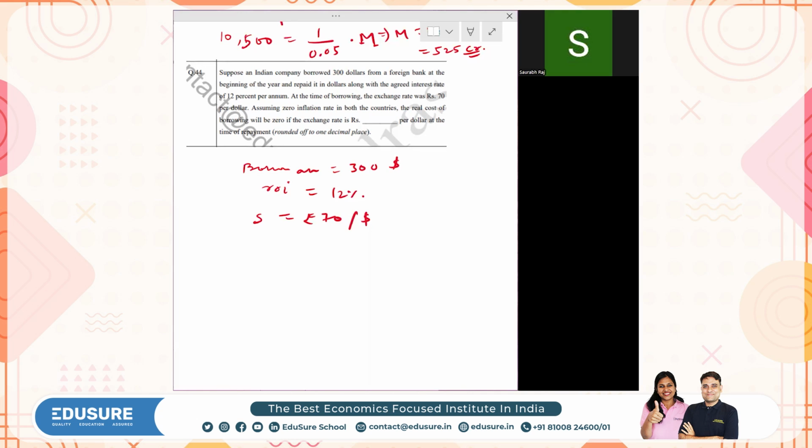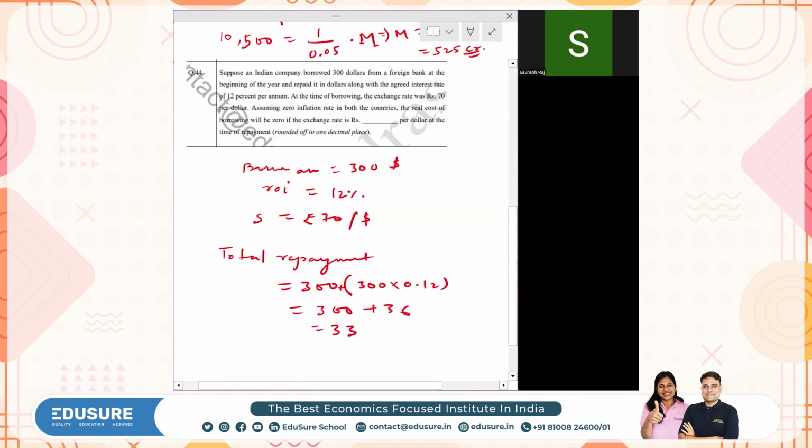The total repayment the company has to make is 300 plus 300 into 0.12, because 12% is the interest rate. If you solve it, it will be $336.